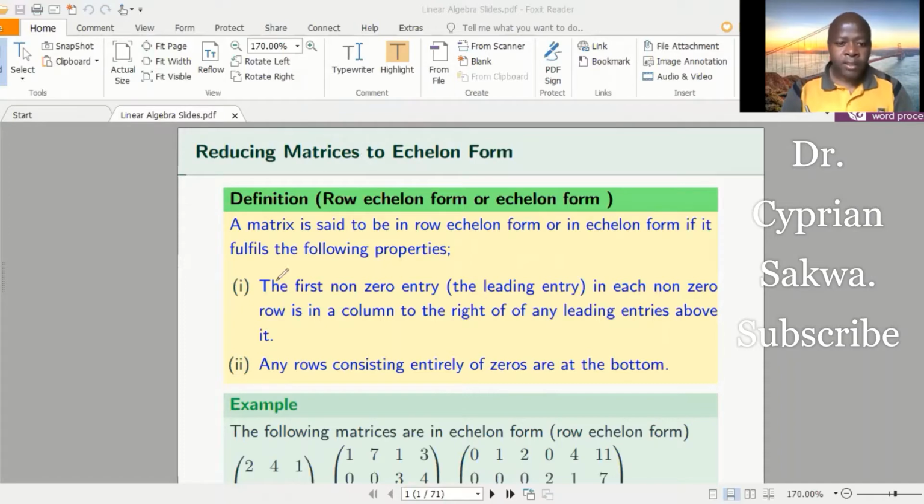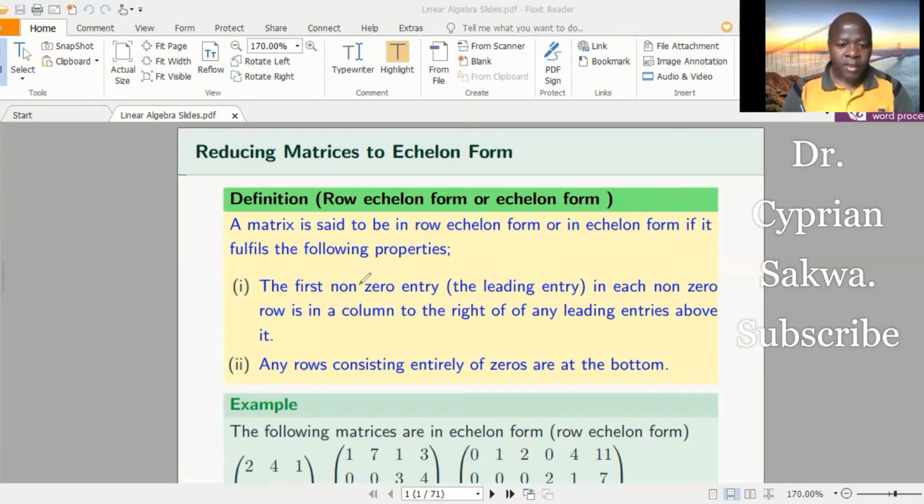The first property is that the first non-zero entry in each non-zero row must be in a column that is to the right of the other leading entries.